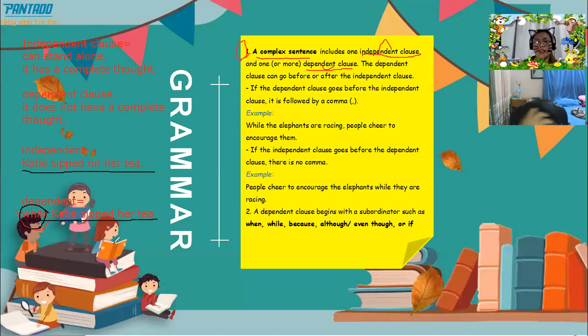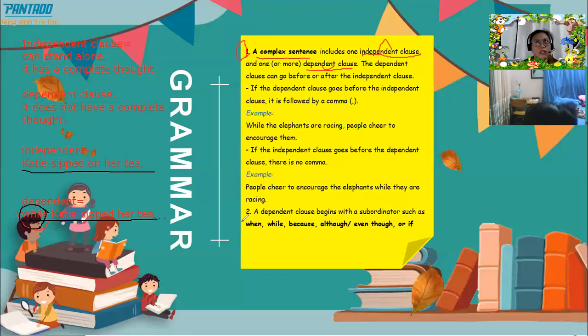How do you think the sentence seems incomplete? Why Katie sip her tea? I think it is not, because it needs something.